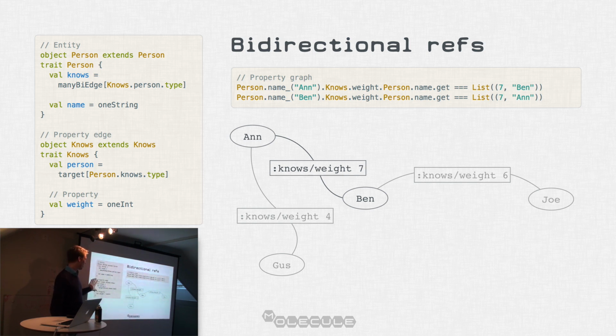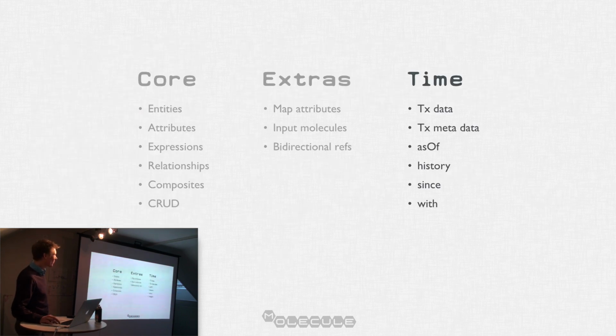If you look at this as the edge of a property graph, then you could have properties. So you can see how well Arne knows Ben. It has a weight of 7, right? You can define as many properties as you want here. I think that's pretty cool. So that's just some examples of what you could implement. You see the possibilities are quite endless.